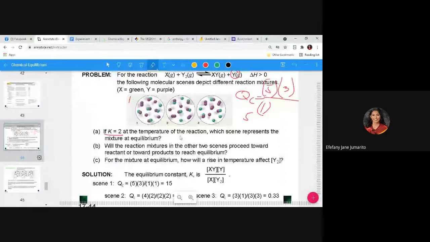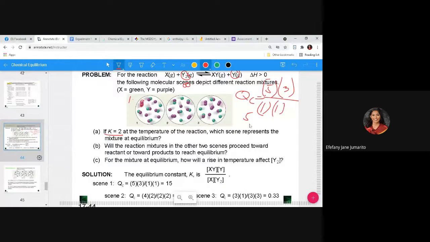What about the white one? It's Y2. When we say Y2, it means two atoms of Y attached to each other. How many Y2? Only one. Okay, one.